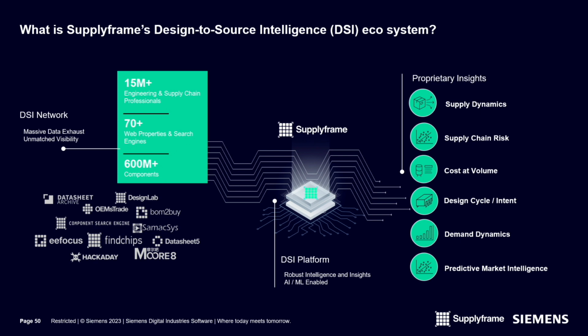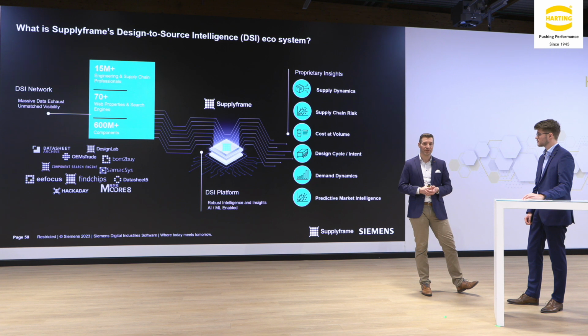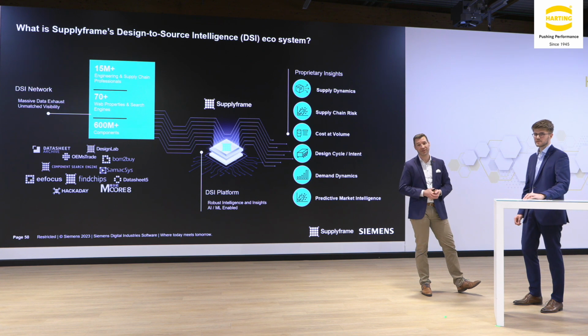And this is very important, just to give you another number behind that. If you see the design to source intelligence platform in the middle of the picture, per month on average, we're aggregating over 20 billion signals to really collect the biggest data around that, and use machine learning and AI to create the insights that we can see on the right side.